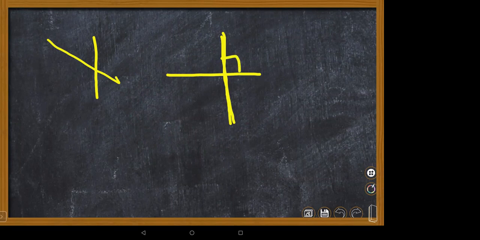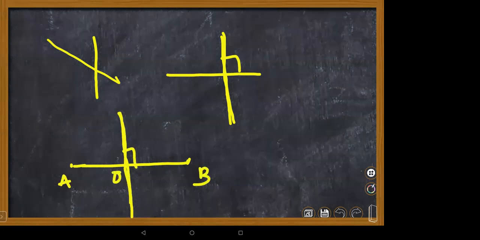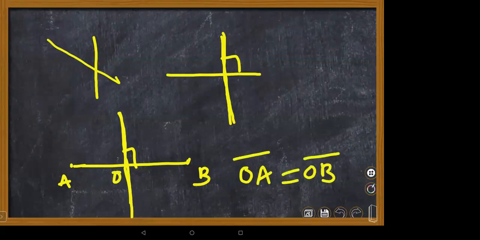Now this is a perpendicular bisector. Bisector means, suppose this is a line AB. It divides this line at a 90 degree angle, making two equal parts. Suppose OA equal to OB. If the length of OA equals OB, then we can call it a perpendicular bisector. Bi means making two equal parts.